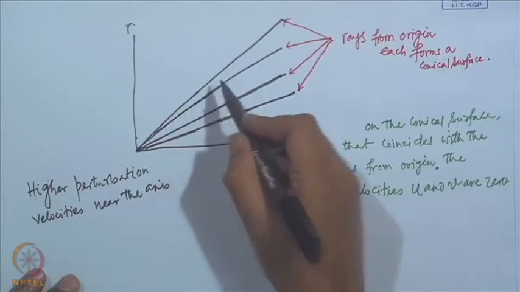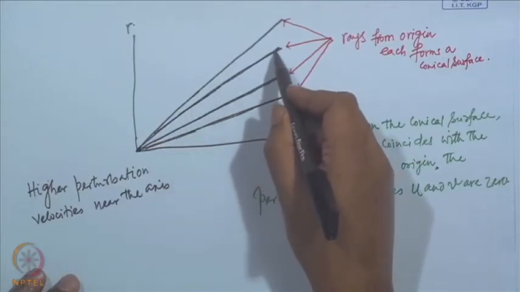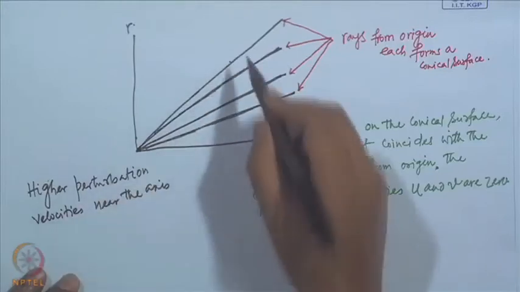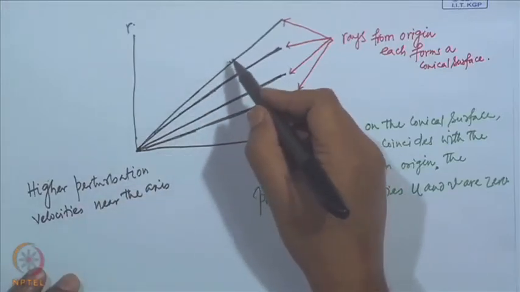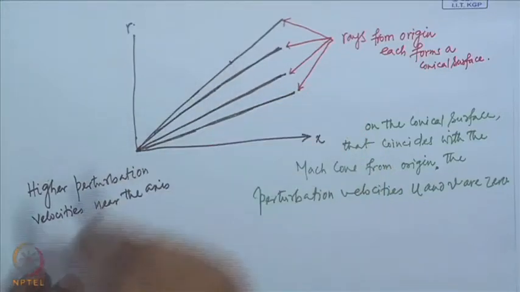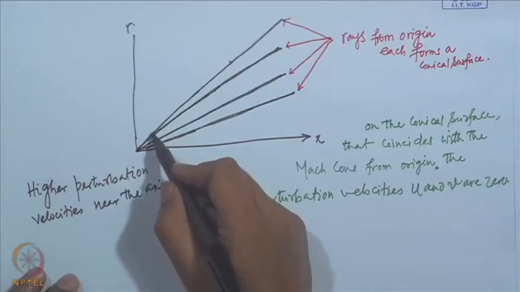And assuming that this is the particular ray which coincides with the Mach cone here.